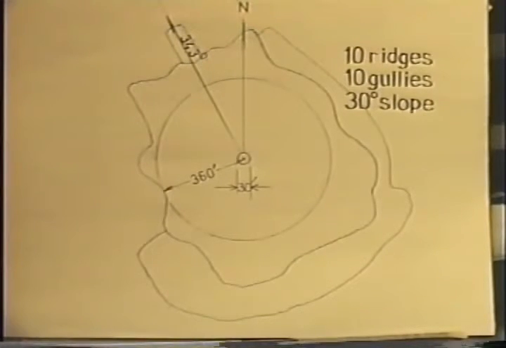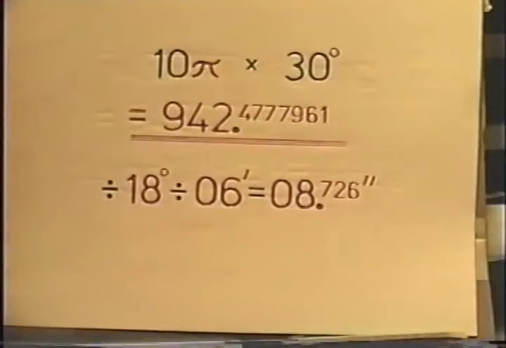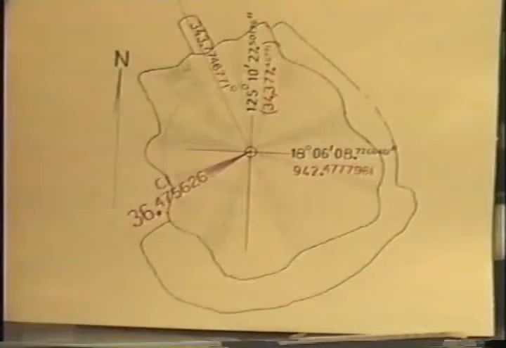Ten ridges, 10 gullies, 30-degree slope. And, of course, the pi ratio. And presto. Its latitude north of the equator. Notice something else here, namely the small ramp that extends off toward the northwest on an azimuth of 343.7 degrees.